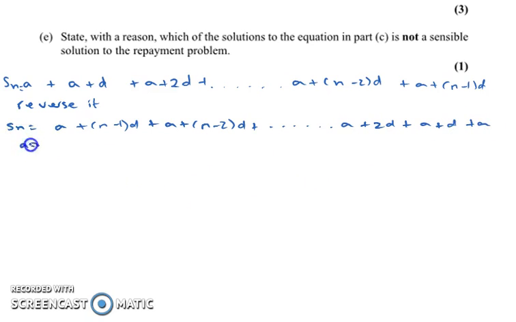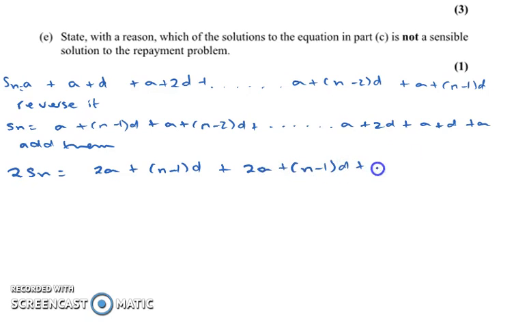We add them, we get 2Sn equals 2a add n minus 1 d, add 2a add n minus 1 d.